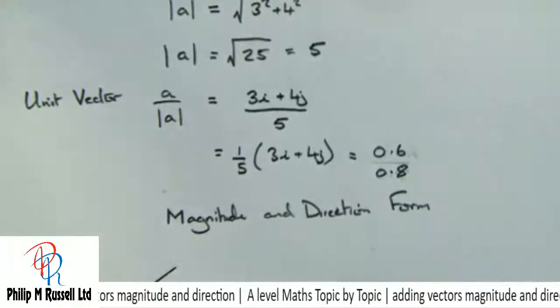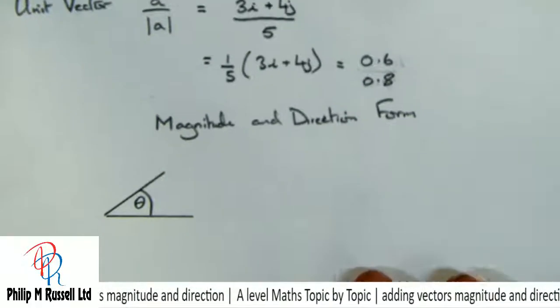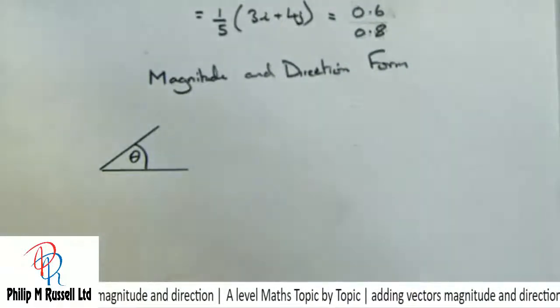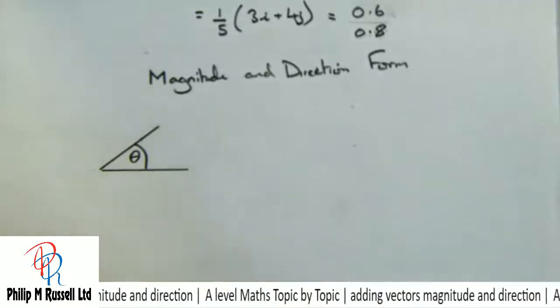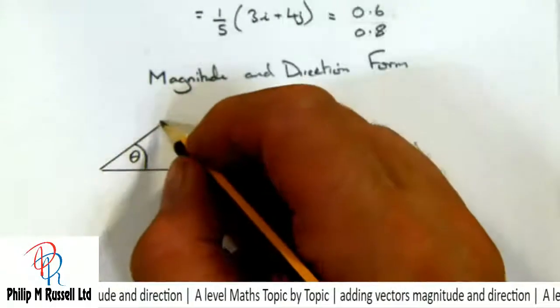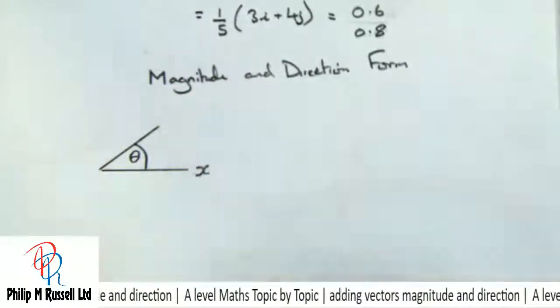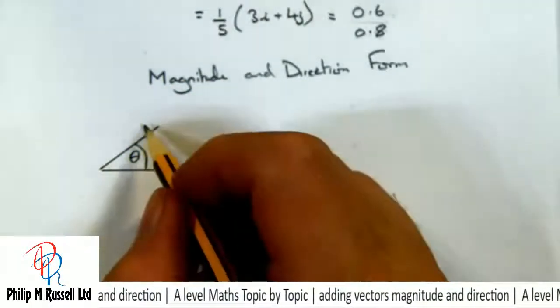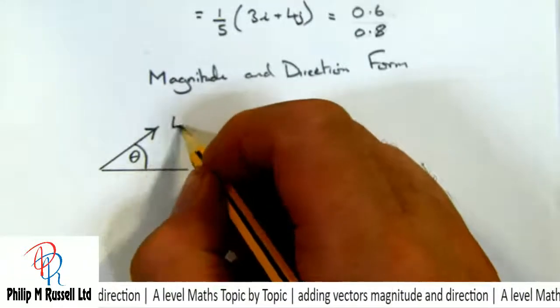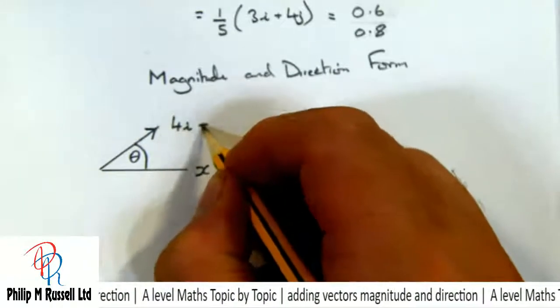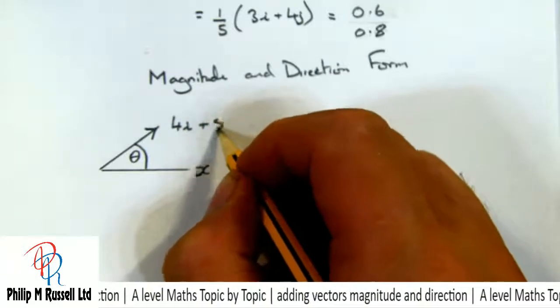Let's call it theta. What do we know about this particular angle? Well, let's say this is going to be the x-axis and this is going to be my vector, and let's have 4i plus 5j.